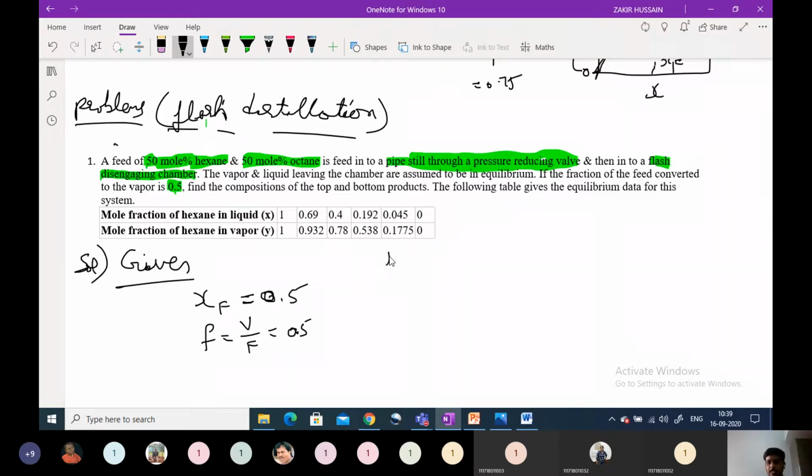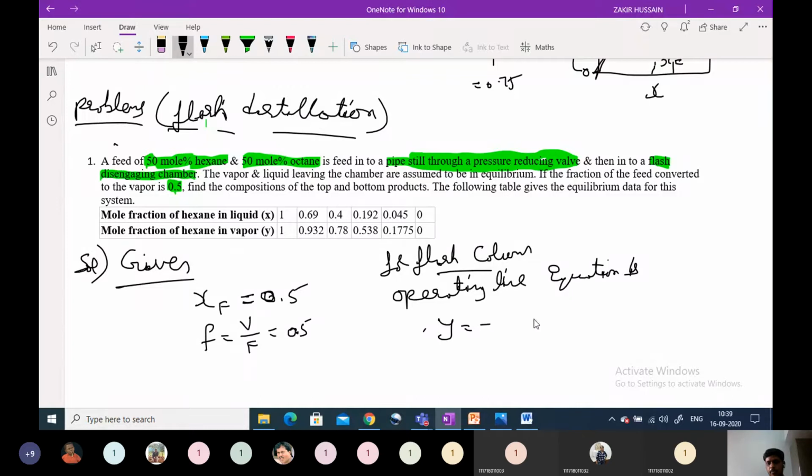So we know that for the flash column, the operating line equation is y is equal to minus (1 minus f) divided by f times x plus xf divided by f.